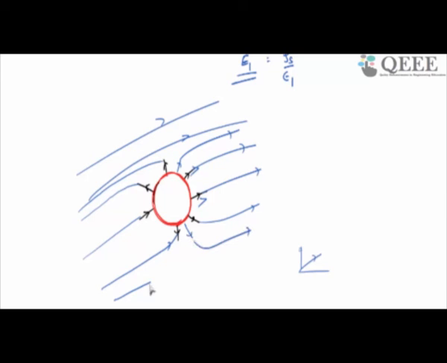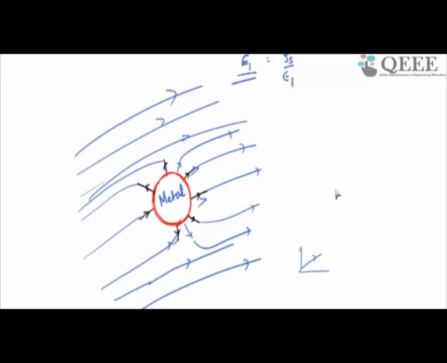This is a very interesting consequence. When it is not near the metal, the electric field is in its original direction. But if you keep a metal there, the field naturally turns because it has to satisfy the boundary condition.